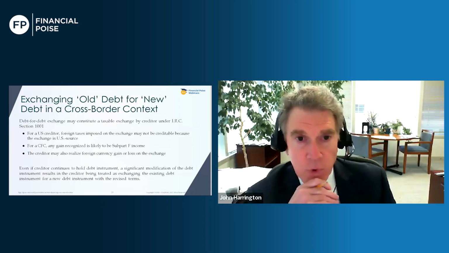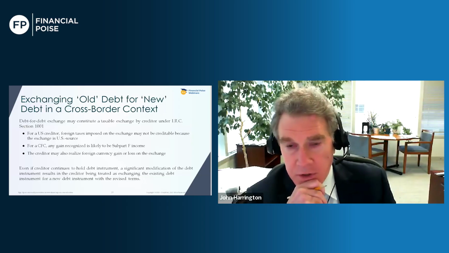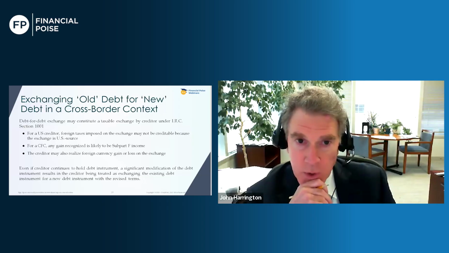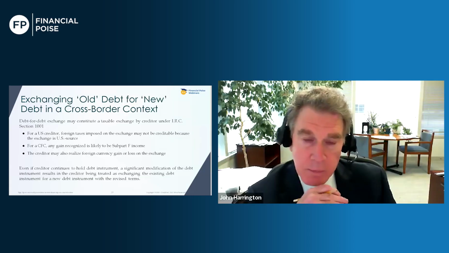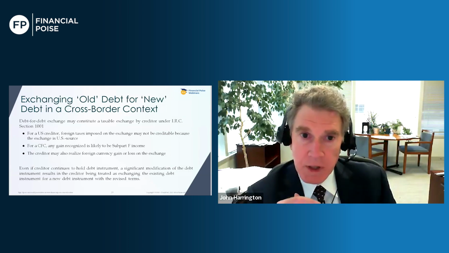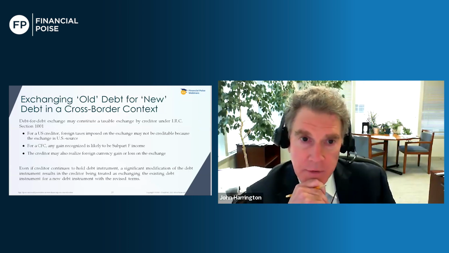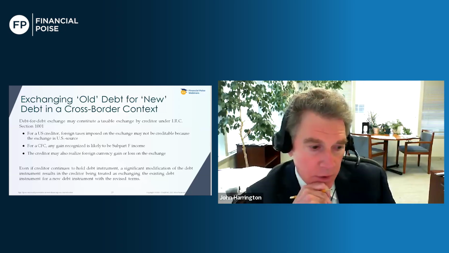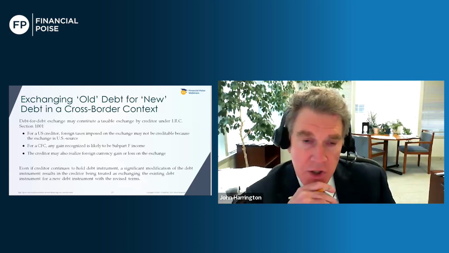There are some existing foreign tax credit regulations that basically say that's not a creditable tax if the foreign country imposes tax, because from a U.S. perspective, that's U.S. source income. We source it based on the residence of the person doing the exchange.